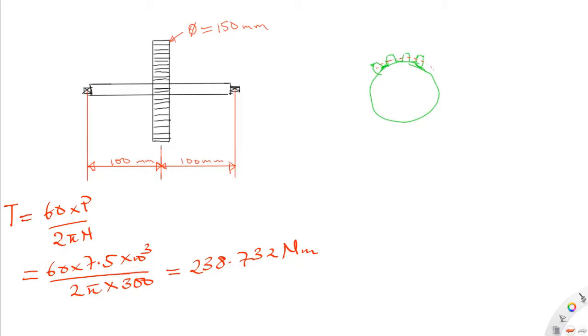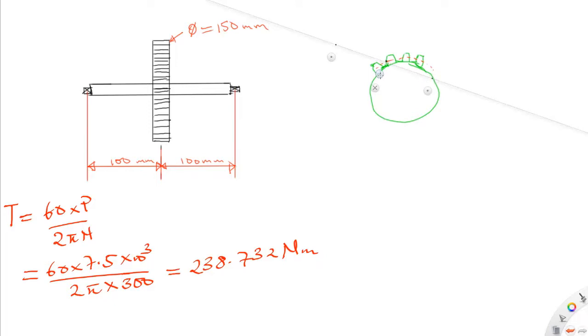The actual load on the teeth is usually normal to the surface of the gear tip. So the load acting on this gear will be at an angle of 90 degrees to the face of the gear.